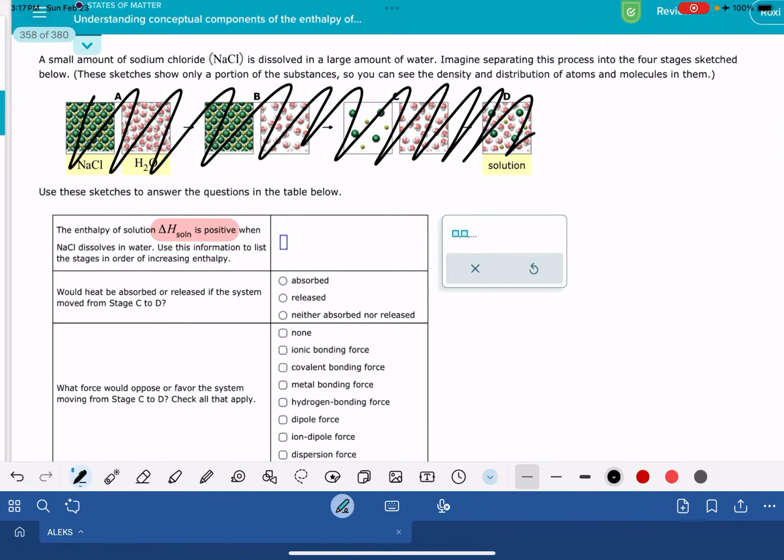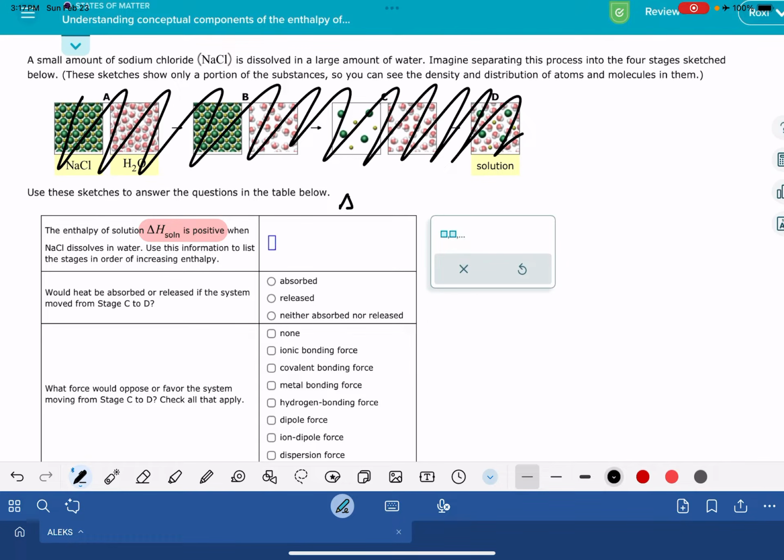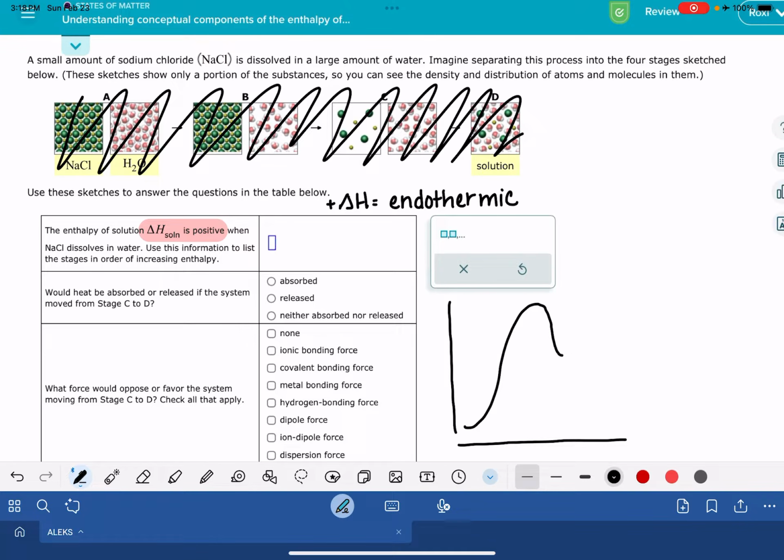So we got to think a little bit about thermodynamics. If we have a positive delta H, that means that I have an endothermic process, and an endothermic process is one where the products are higher in energy than the reactants. So in an endothermic process, our energy diagram looks something like this. Energy or enthalpy, whichever one you want to think about, where these are the reactants and this is the products.